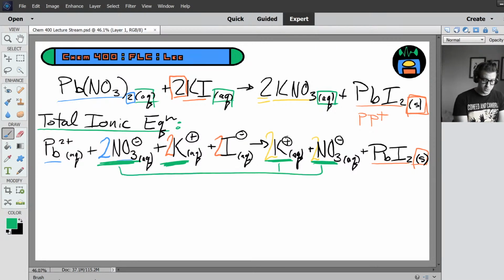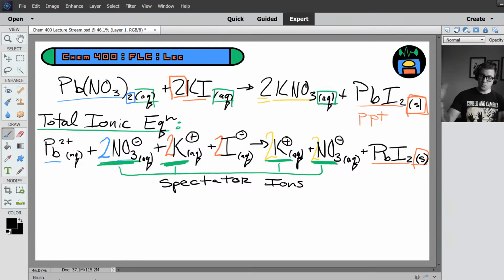And because they don't change, that means they don't actively participate in the chemical transformation of this reaction, and they get a special name. They're called spectator ions, because they're there and they're just watching the reaction. They're not participating in it, all right? They're like the crowd at a sporting event, right?